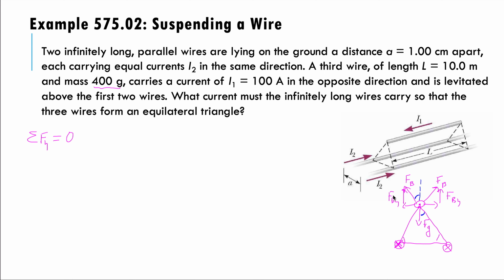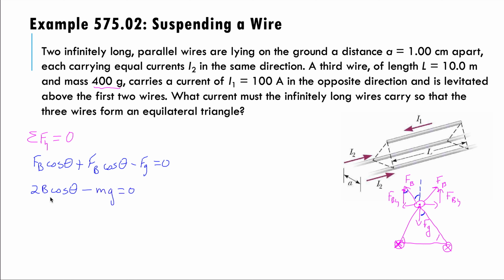The y component is adjacent to that angle, so it's going to use cosine. So each FBY is going to be FB cosine theta. So we have FB cosine theta plus FB cosine theta minus FG going down. The sum of all of these y forces is 0. We can just write this as 2FB cosine theta minus FG. FG is just a weight, mg.